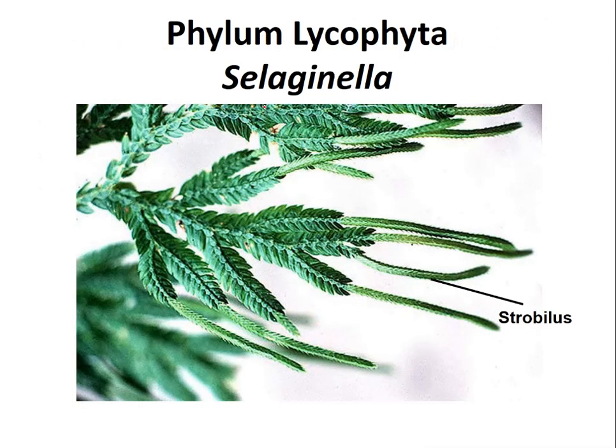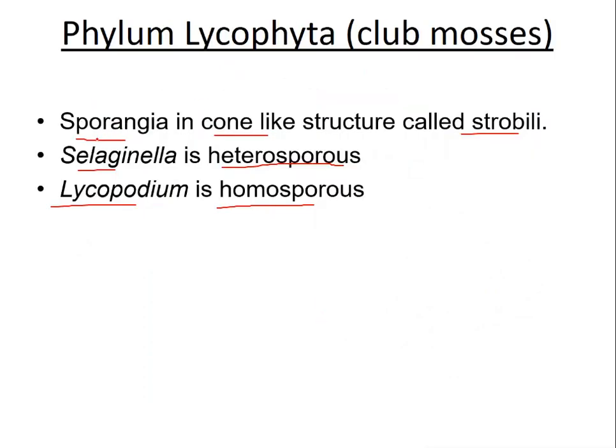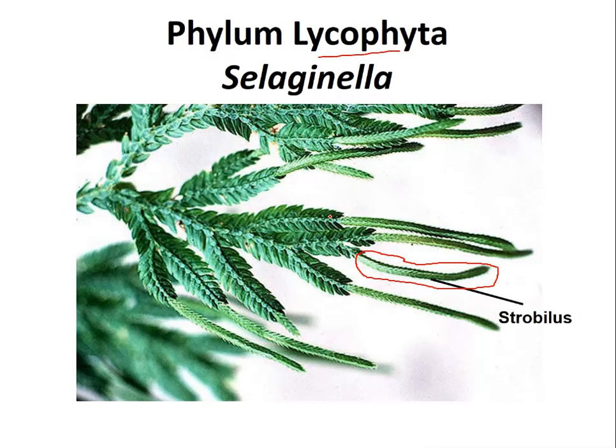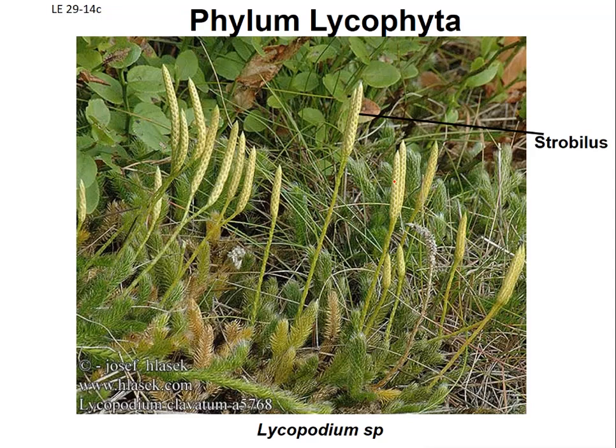So you can see this is Phylum Lycophyta, Selaginella. The sporangia are found in strobilus, in a cone-like structure, called strobilus or strobili. And this is the strobilus for Lycopodium.